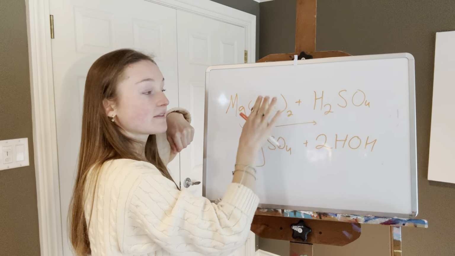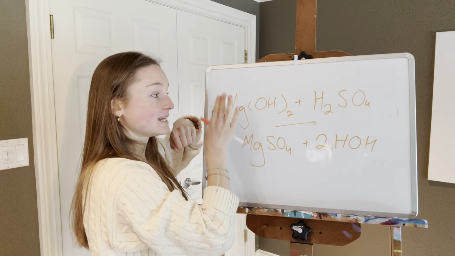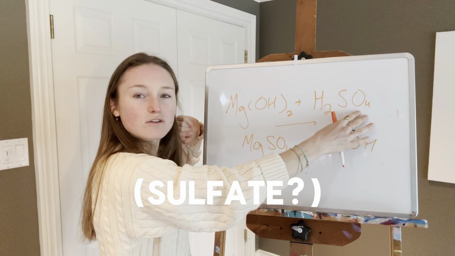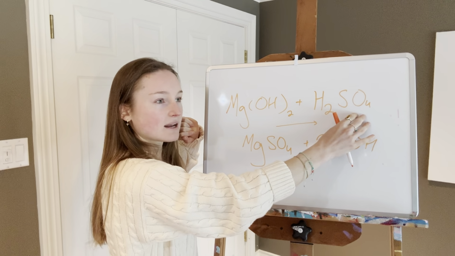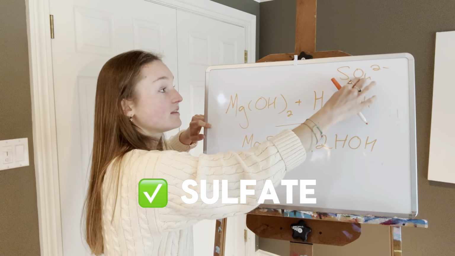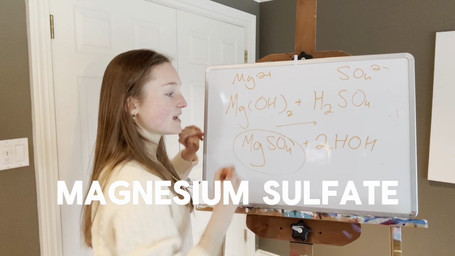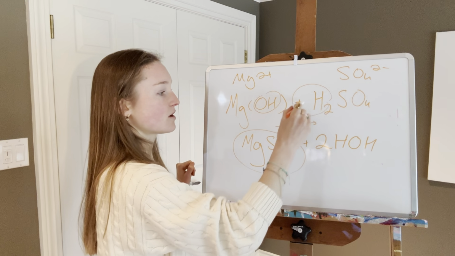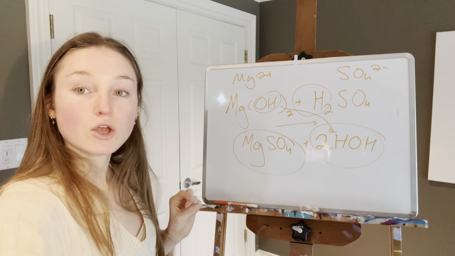The proton and the hydroxide ion come together and we get a water molecule. The magnesium and the sulfate, SO4 2 minus, react together to make MgSO4. And then the hydroxide and the proton come together to give us water.